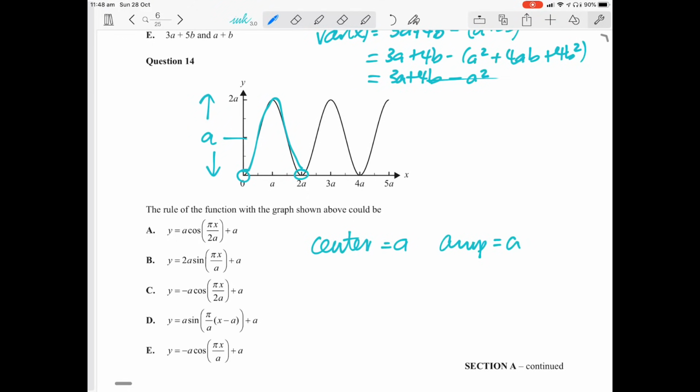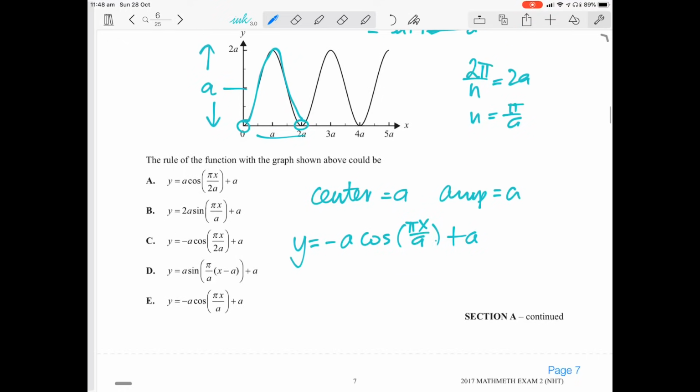So we would have y equals negative A cos, and then plus A. My period's 2A, so 2 pi on n has to equal 2A. So n has to equal pi on A. So pi x on A, which is that graph there. Negative cos.